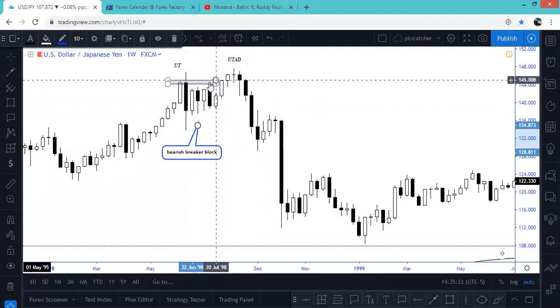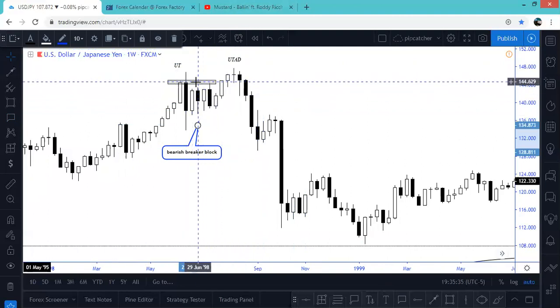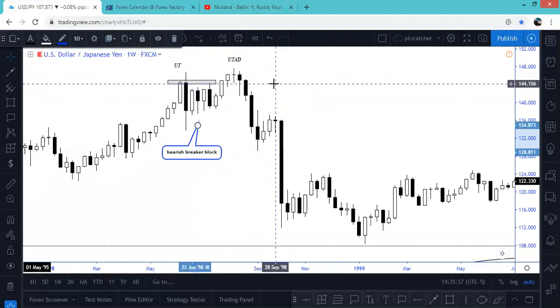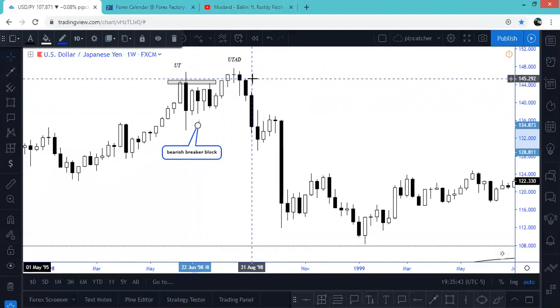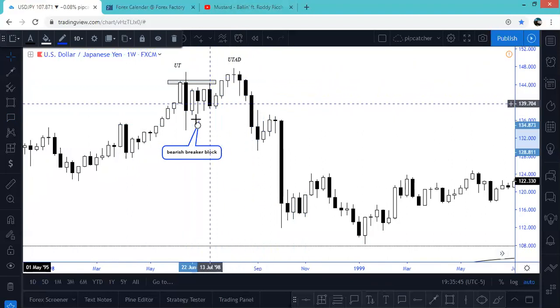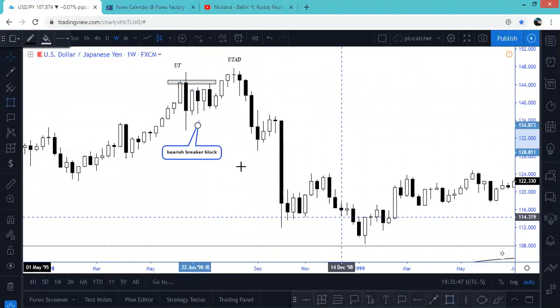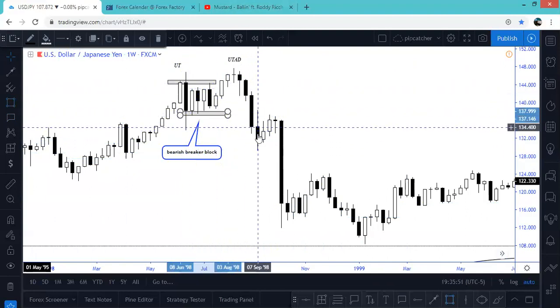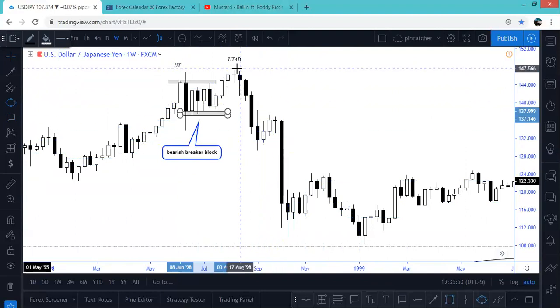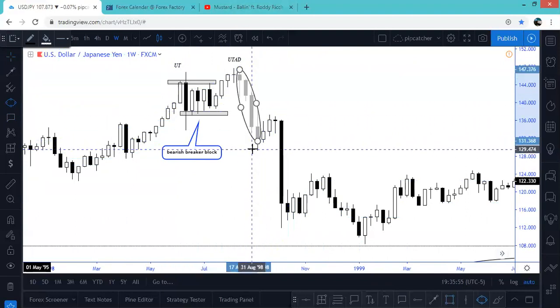You can see these equal highs, and this was taken out. So yes, there was. Check one. Did it break the previous high or low after taking the stops? Did it break this low right here? Yes, it did. You can see clearly it broke these lows.